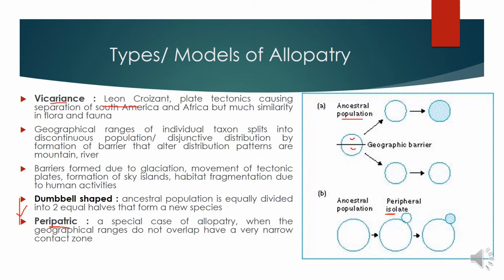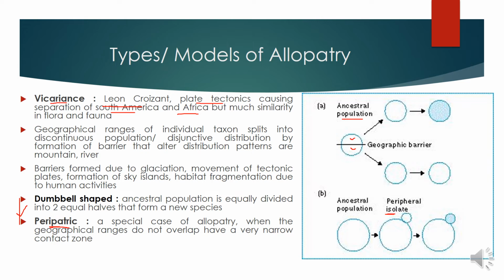Another is vicariance, which was proposed by Leon Croizat, who gave the example of South America and Africa and their plants. As we know, due to plate tectonics, South America, Africa and the Indian plate were once very close to each other, but as a result of plate tectonics, they moved far apart.